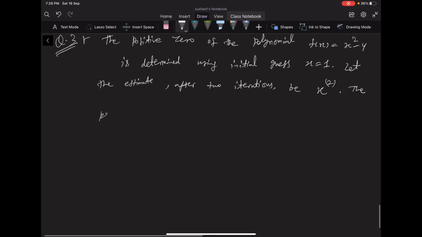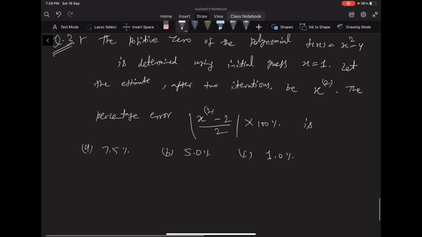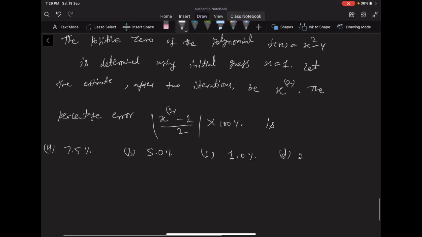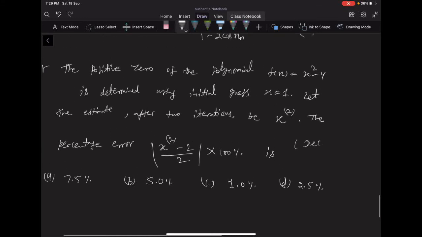The percentage error, |x2 minus 2| upon 2 into 100%, we have to calculate. A option is 7.5%, B option is 5.0%, C option is 1.0%, and D option is 2.5%. This is from December 2019 NET exam.